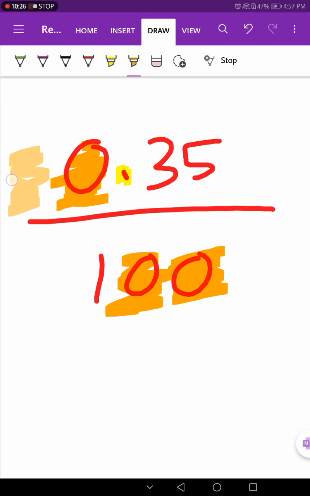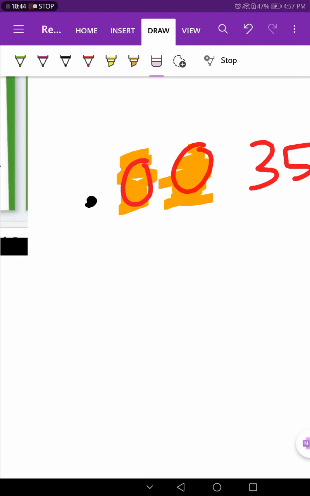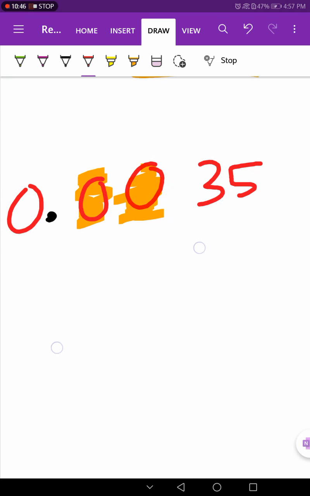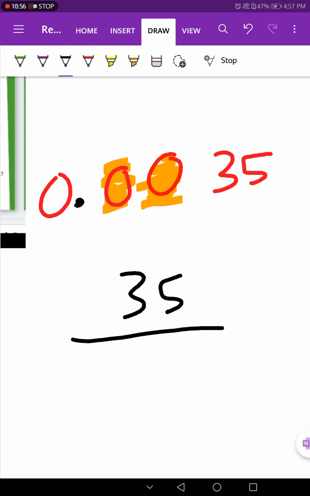And for the empty place, we put 0. So this decimal point will come here. And then after I bring it here, I erase everything, even the zeros. We are done. So it is 35 over 10,000. So how do I write it as a fraction? 35 over 10,000.